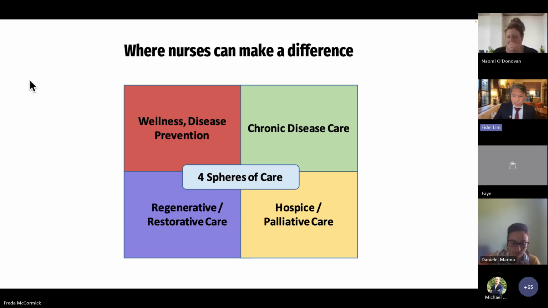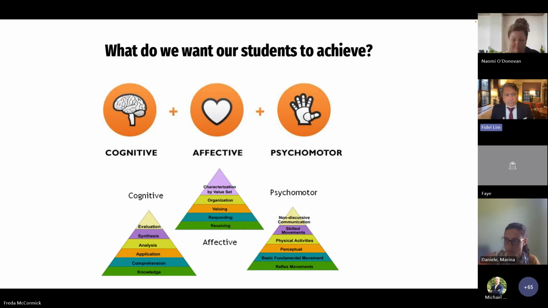So on the next slide, we see a prompt asking us, so what do we want our students to learn? How do we want to see this LGBTQ health synthesized in the learning outcomes? So I won't go into too much detail on this. We all know our Bloom's taxonomies, and so we want them to have some cognitive outcomes, affective, psychomotor, and this can look very differently in different practices.